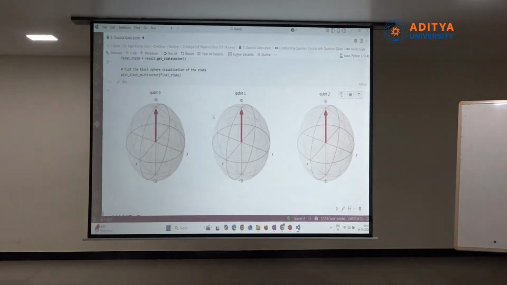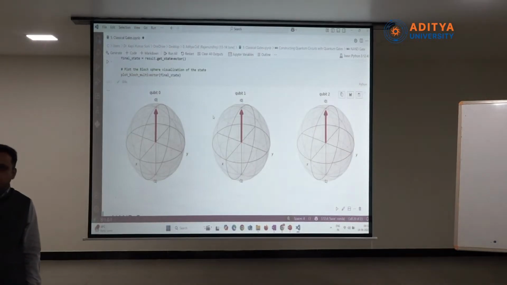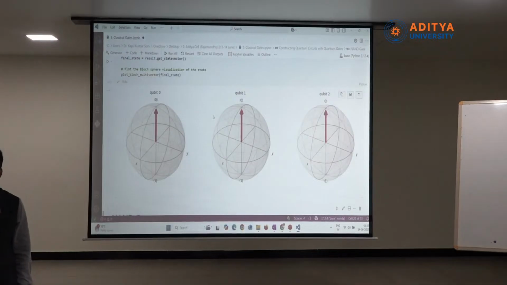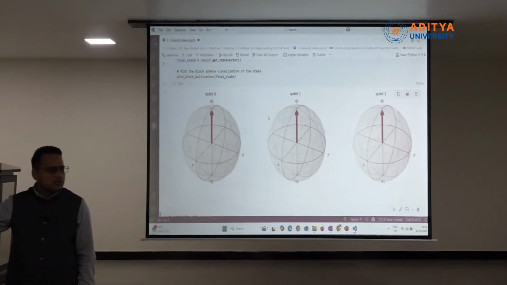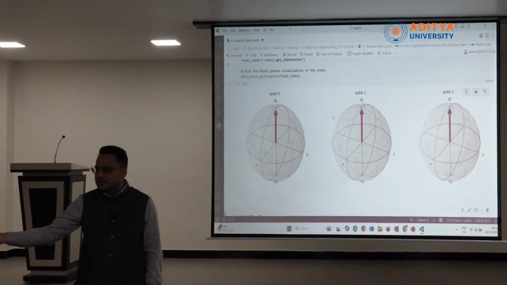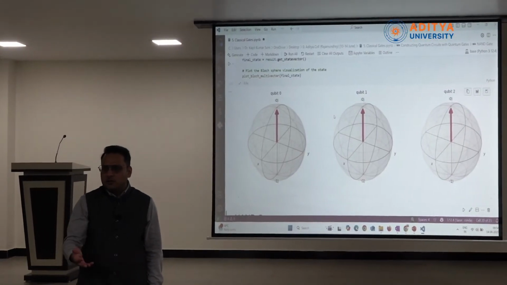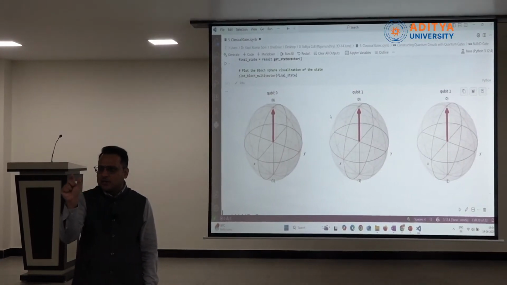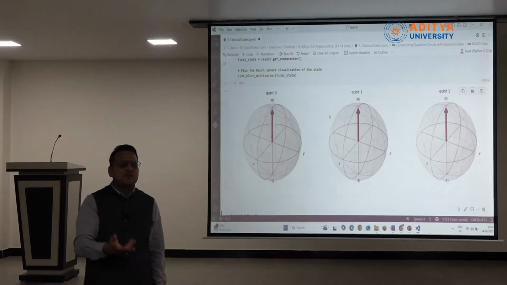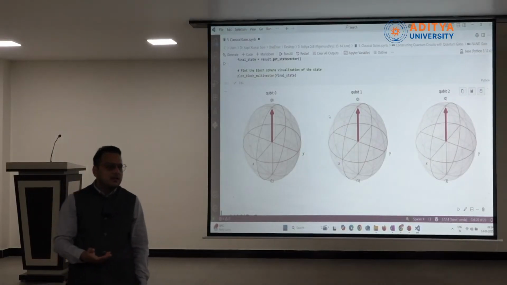This code contains all the other gates also, including the NOT gate, AND gate, NAND gate, OR gate, NOR gate, XOR gate, XNOR gate, whatever we discussed, because discussing the rest of the code would be redundant. You all know that after applying the NOT gate onto the last index qubit, we will get the corresponding results.